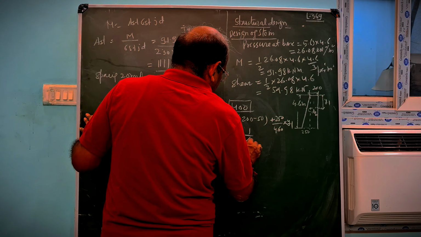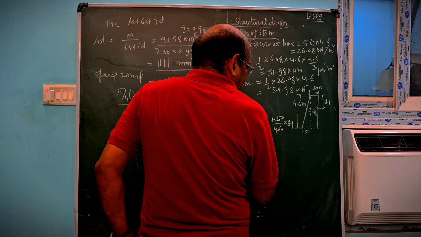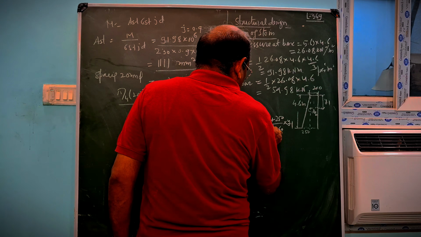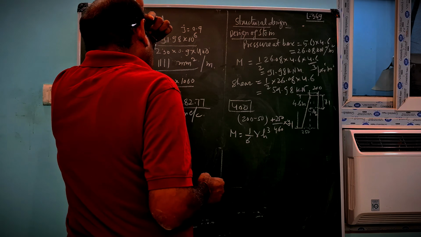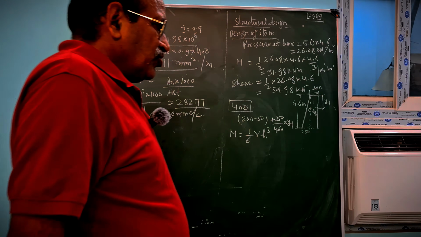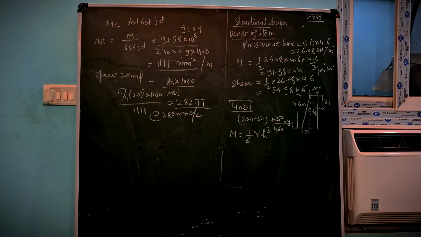Then moment, what will be the moment? Moment is 1 by 6 gamma h cube. You can calculate this value.